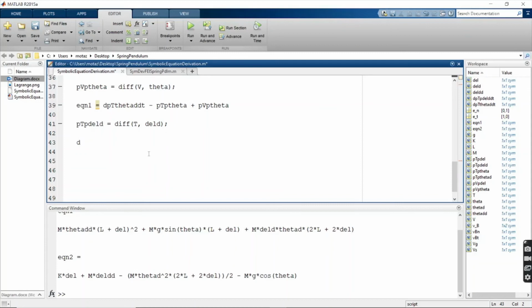So we'll say d dt of this term. Now we have to do the same steps. Take the derivative of that term and then use the chain rule to multiply it by anything that depends on time. So we have to go through our four variables: theta, theta dot, del, and del dot.